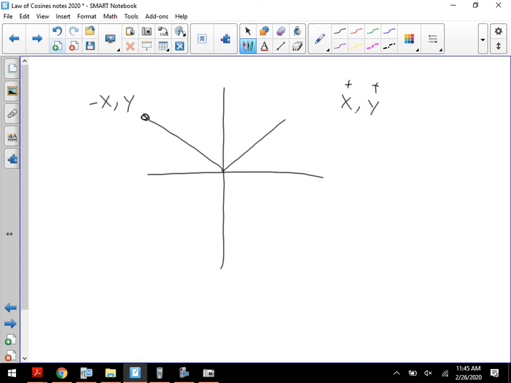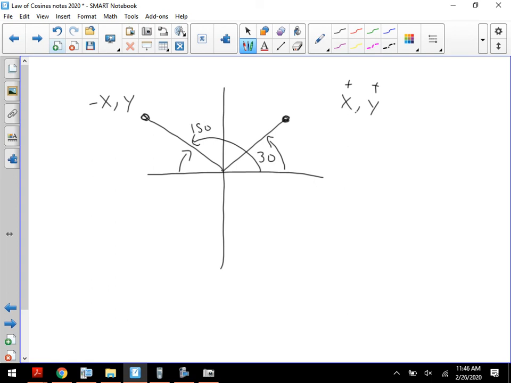If I'm up 30 degrees from 180, what is this whole angle going to be? What's 180 minus 30? 150.